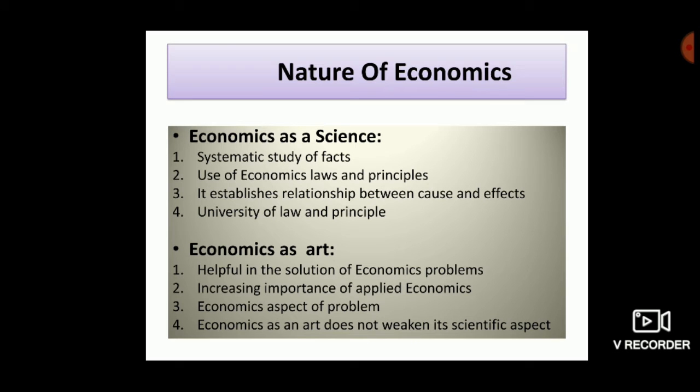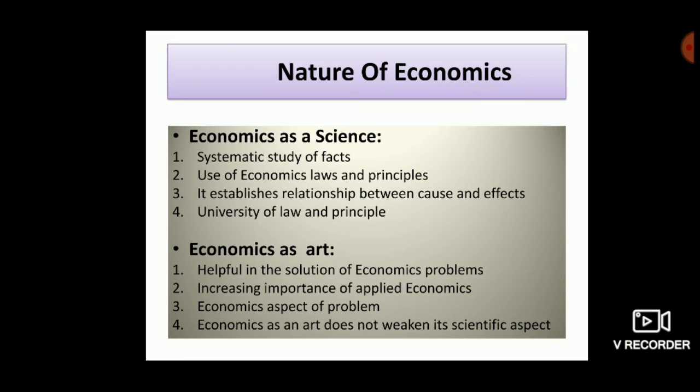Science is the systematic study of facts. Science is a systematized body of knowledge which establishes the relationship between cause and effect. What do you understand by cause and effect? Cause means: what is the reason behind this?